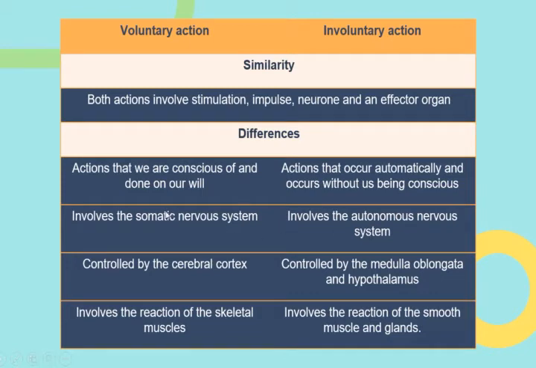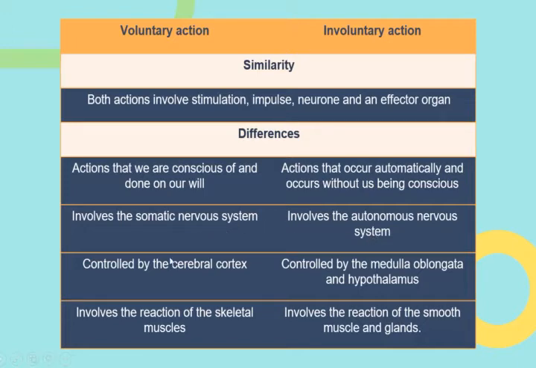The somatic nervous system controls voluntary action. Whereas involuntary actions involve the autonomic nervous system. So you have to differentiate between these two actions.